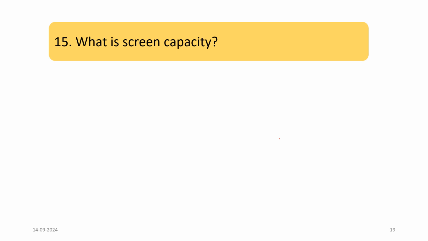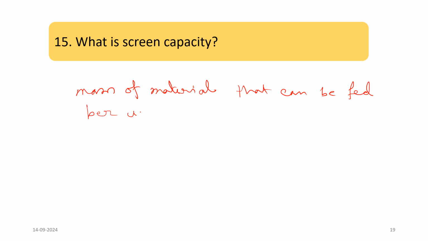So the capacity of a screen is measured by the mass of material that can be fed per unit time to a unit area of a screen. So this is called the screen capacity.